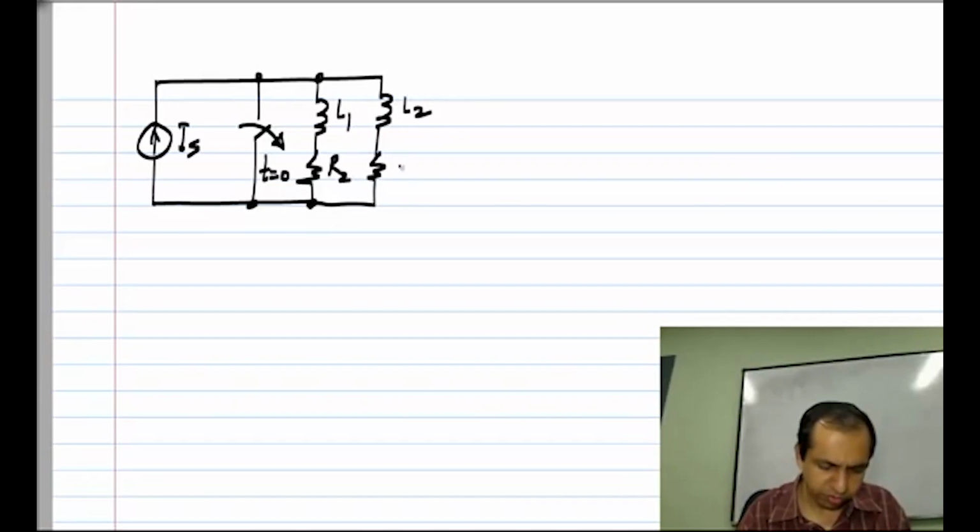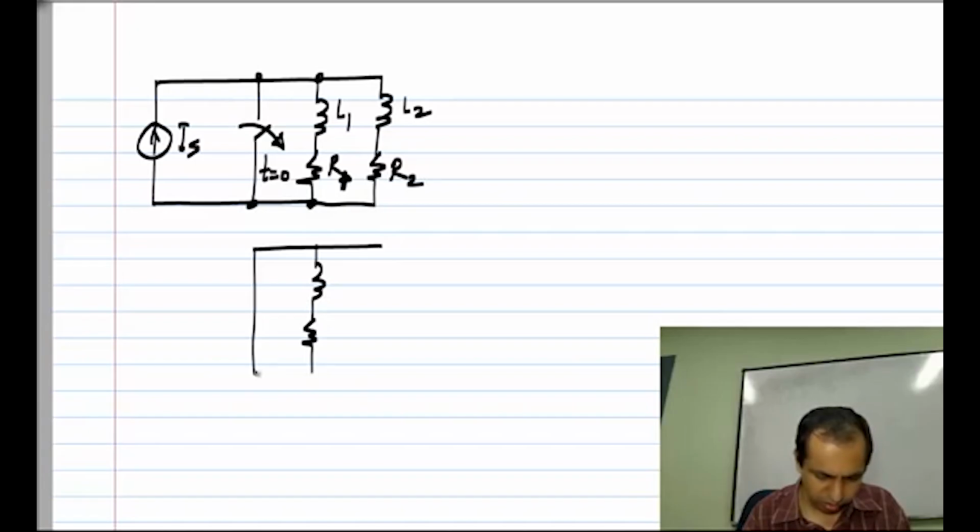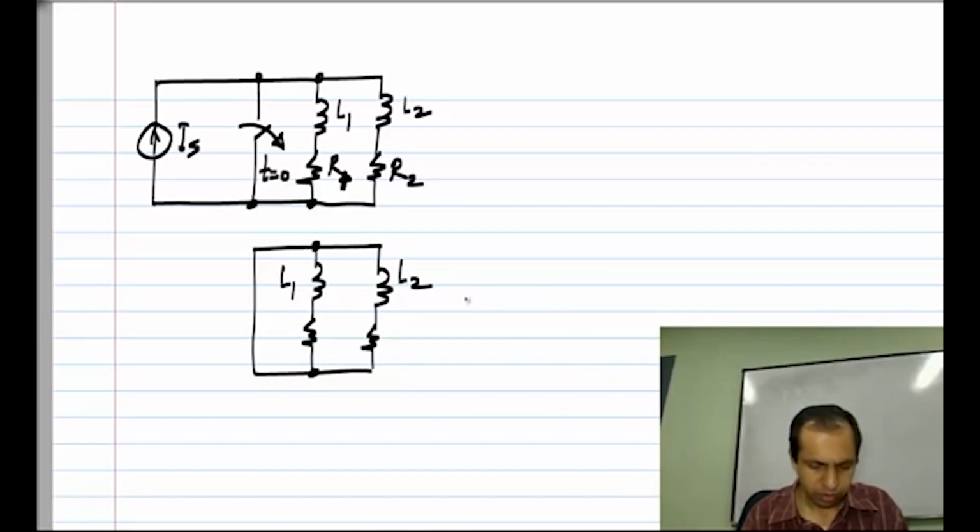And let's say we have these two inductors. Now first of all we will determine the order of the circuit, that will come soon. Now before t equal to 0, this switch is short circuited and all of this current flows into the short circuit, and all we have effectively is a circuit like this.